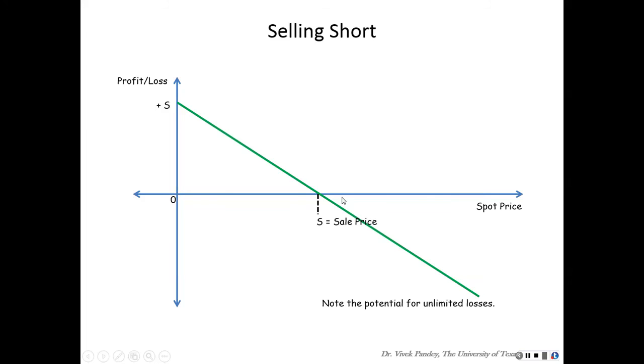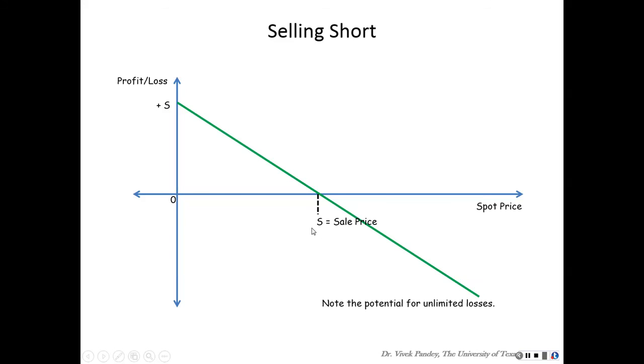You may have to do that at a higher price. So if the price rises, you start to lose money. And with short selling, well, the biggest problem is that there's potential to lose a lot of money, right? Not just the amount that you had received by selling.